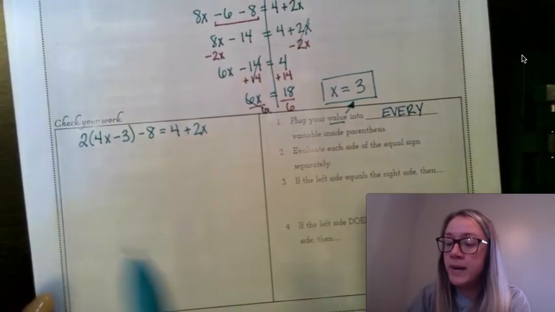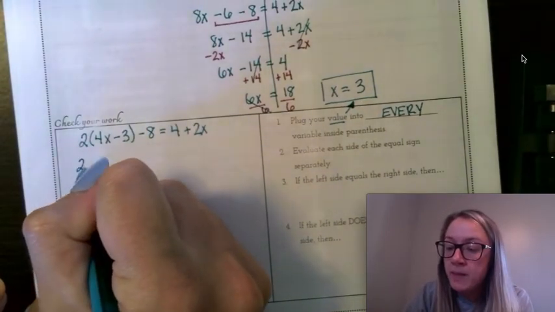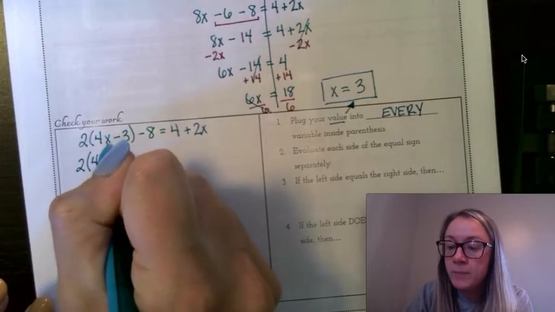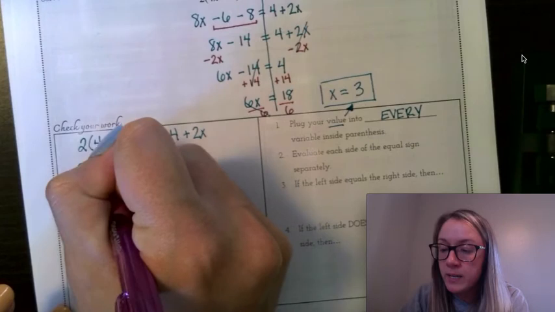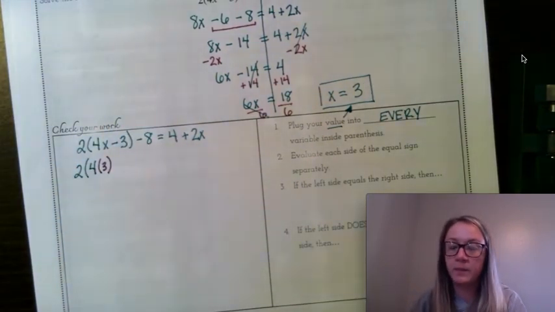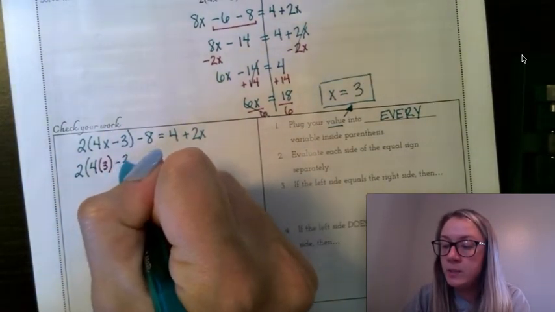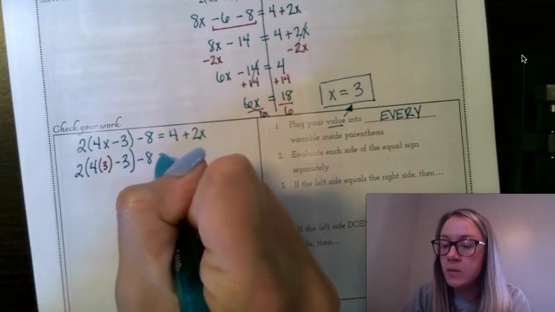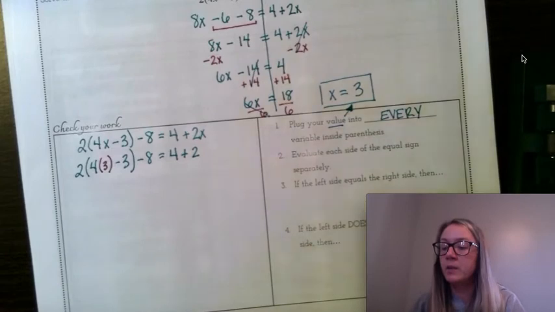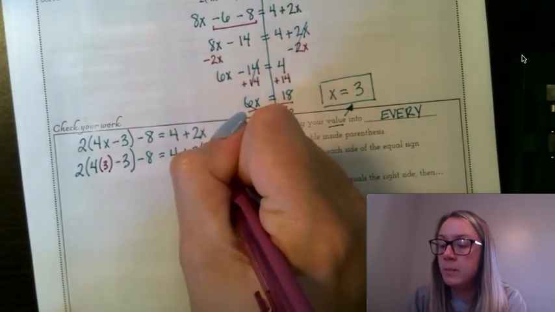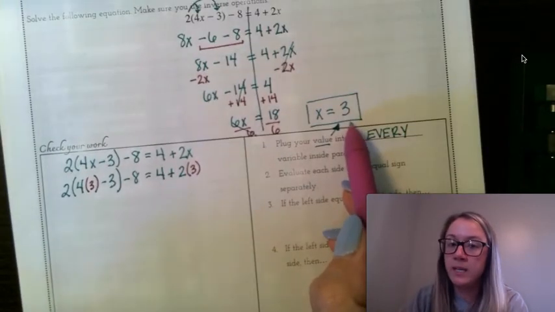So I'm going to rewrite it, and I'm going to keep everything the same, except when I come to my variable x, I'm going to plug in positive 3 inside parentheses. Then I have this minus 3 minus 8 equals 4 plus 2, and then there's another variable. I'm going to plug in my positive 3 because that's what we think it is.